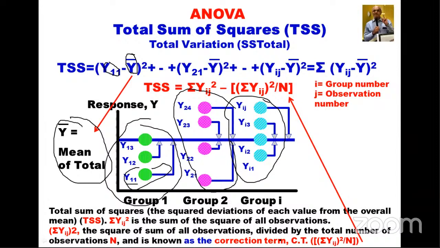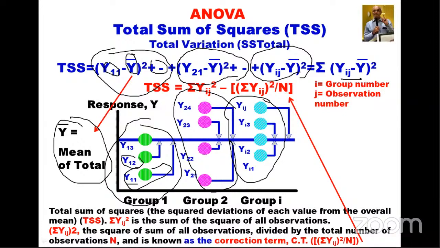First observation minus y bar, squared. Similarly the second observation, and so on. I haven't written all observations, but plus y12 minus y bar square, y1n1 minus y bar square, and so on. This is the first group, similarly the second, similarly the last. In total, that sum is written in statistics as the sum of yij minus y bar, whole square.